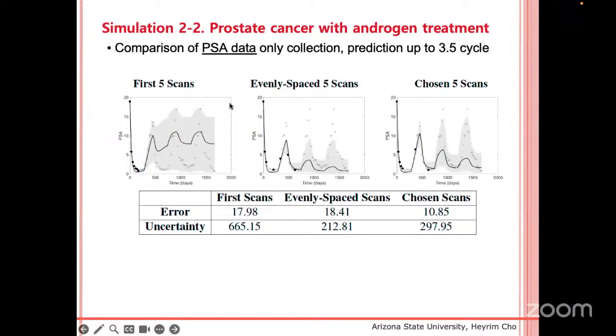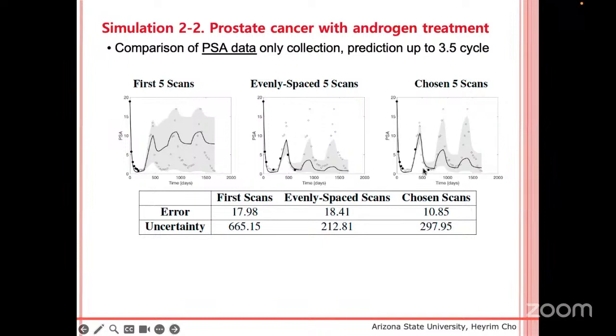And here are the results, similarly comparing the first 5 scans, evenly spaced 5 scans, and our chosen scans, which surprisingly did better than the evenly spaced scans, which is by chance because the evenly spaced scans didn't pick the peak, right? So here you realize that if you pick the peak and then the bottom, that will give you the accuracy.